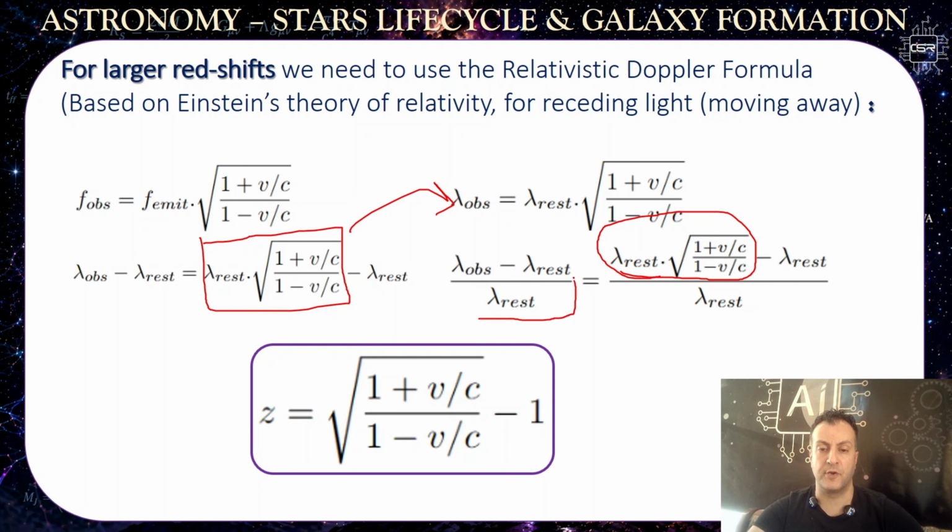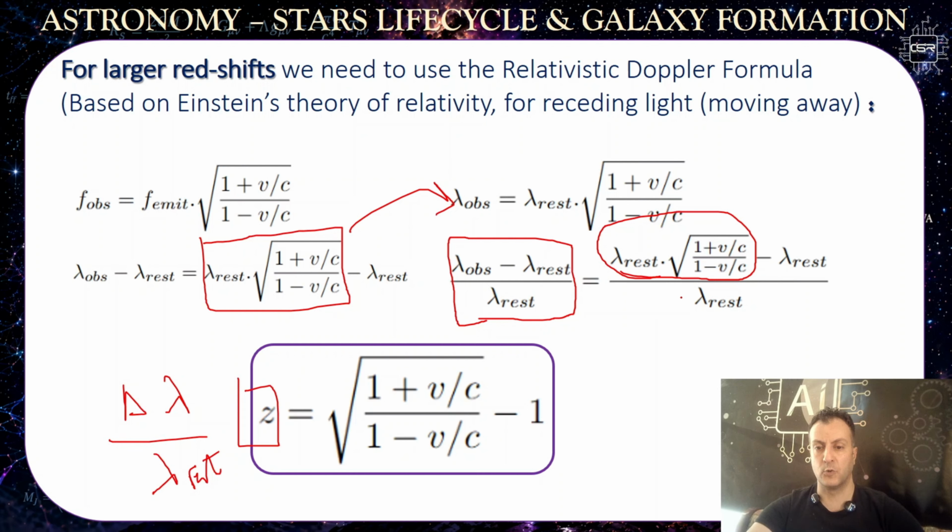This quantity over here, lambda observed minus lambda rest divided by lambda rest, is simply delta lambda over lambda at rest, which is, in simpler terms, the redshift z, equal to, here we can factor out lambda rest. So you place lambda rest on the outside of the equation times the square root of 1 plus v over c divided by 1 minus v over c.